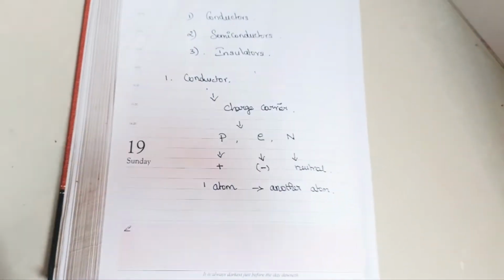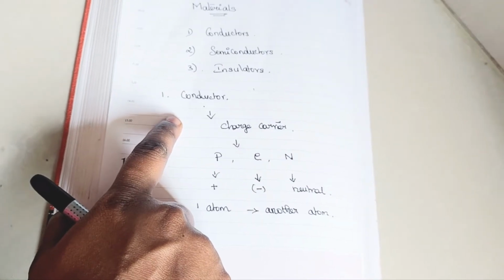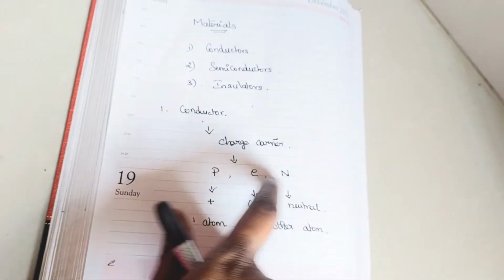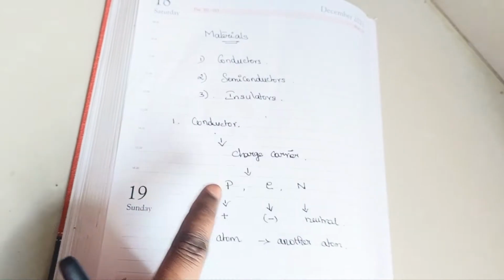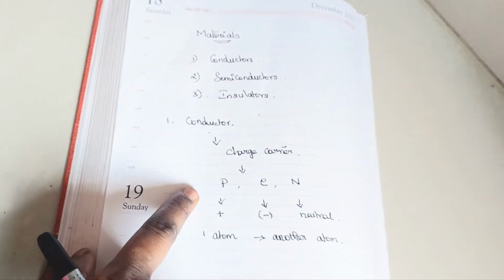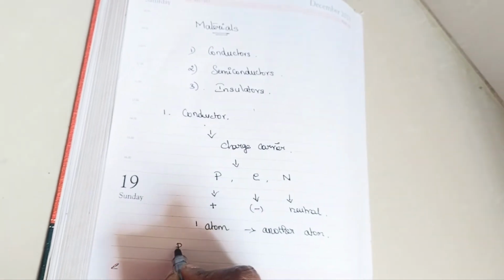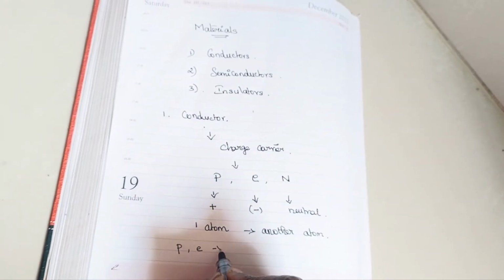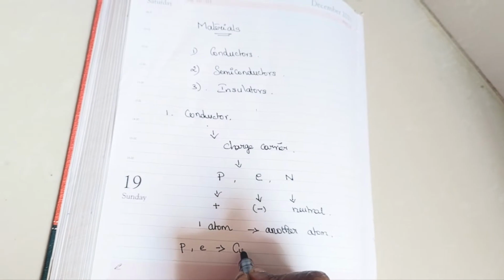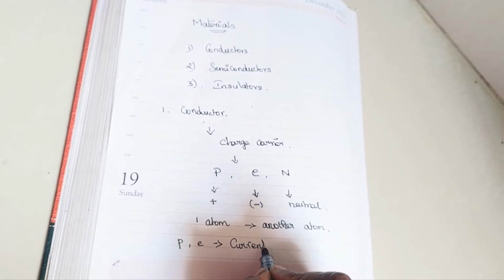Does the conductor allow proton, electron and neutron? No. It allows only the proton and the electron, because protons and electrons are responsible for producing current.